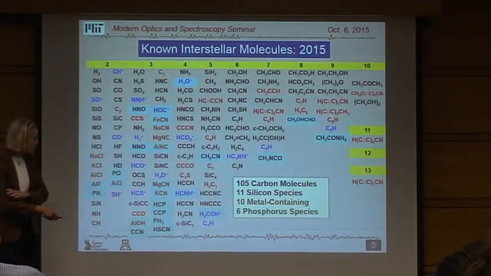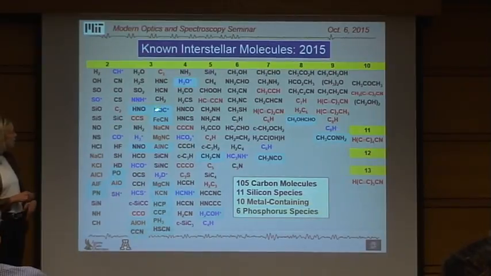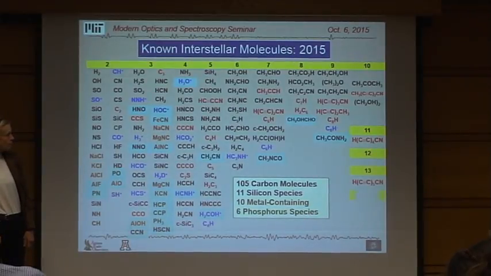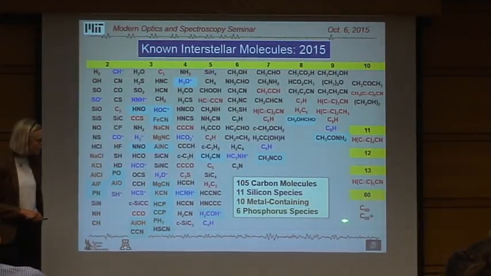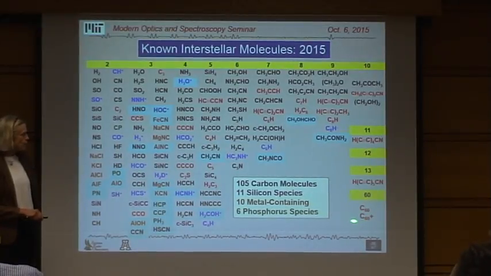And of course, this sort of talk can't go on without a list of the known interstellar molecules. The ones I've worked on are in blue, but you can see there are a lot of diatomic species. We've made a lot of progress looking at metal and phosphorus containing ones, a lot of things with carbon. And perhaps the most exciting result recently has been the discoveries of C60, and in the past few months, C60+ out in interstellar space.